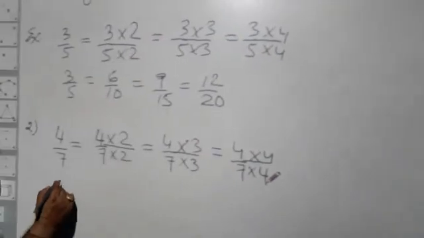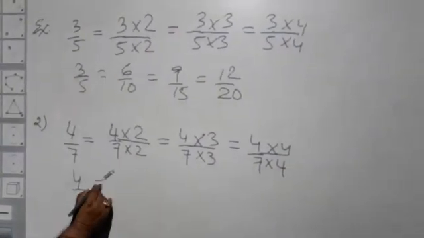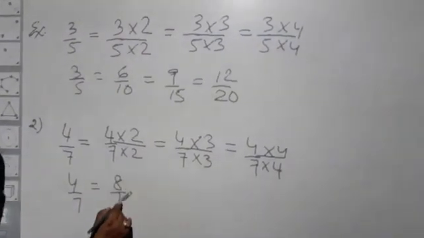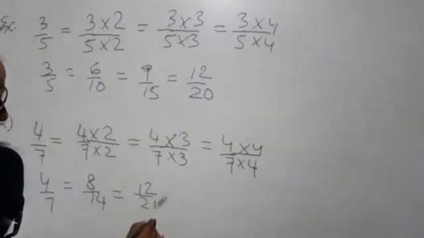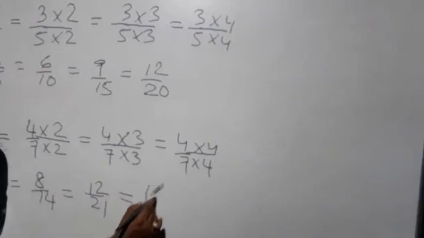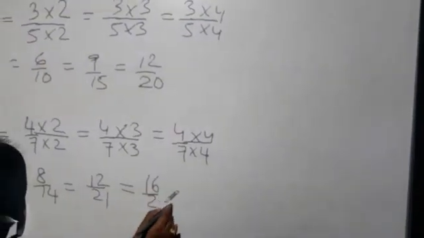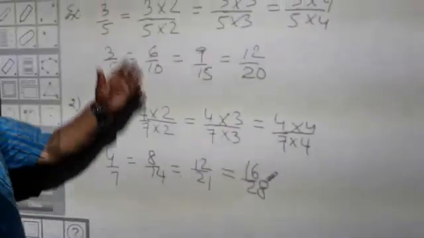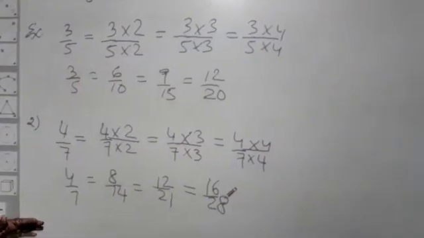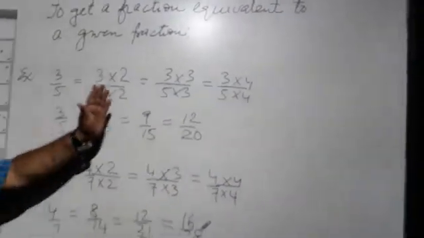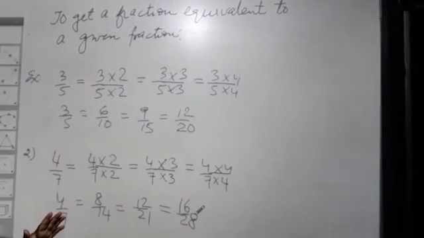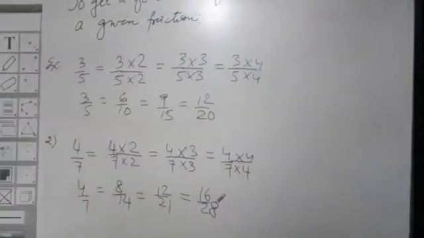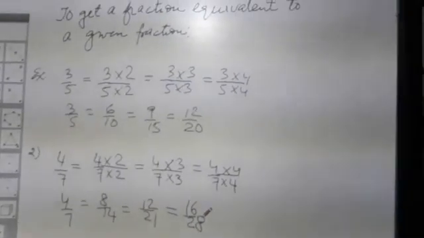So we see that 4 by 7 is equal to 8 by 14 is equal to 12 by 21 is equal to 16 by 28. So these are the equivalent fractions. To find the equivalent fractions, we multiply the numerator and the denominator by the same natural number. Clear? Now certain examples based on this will be taken.